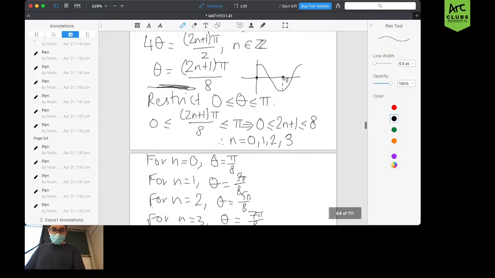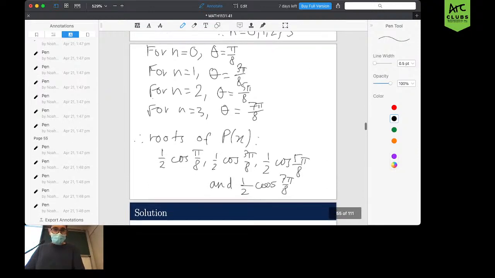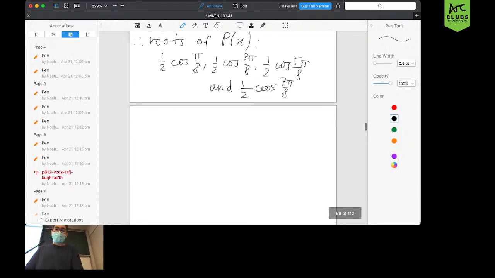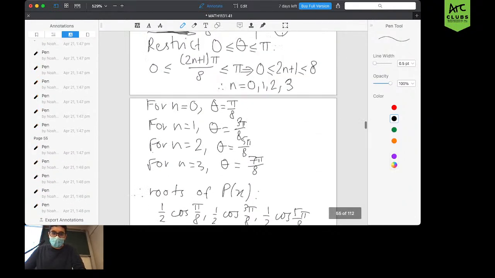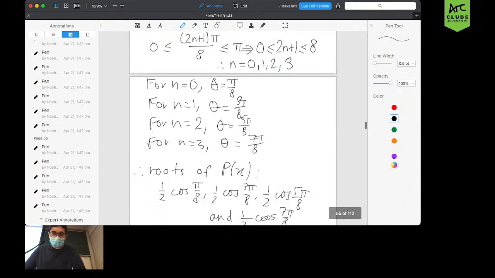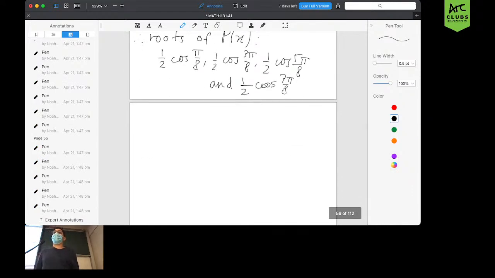Cool. So I'm going to scroll down to where we found our roots, and I'm going to add another page. Okay, so we have our roots listed up at the top. And now we know that the product of all of those roots is equal to 1 divided by 128. So when we take the product of them, we're going to get a half times a half times a half times a half, that's equal to 1 on 16.